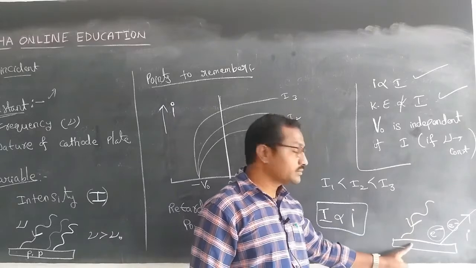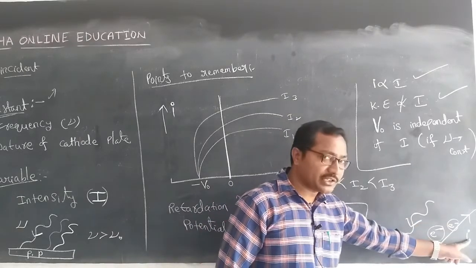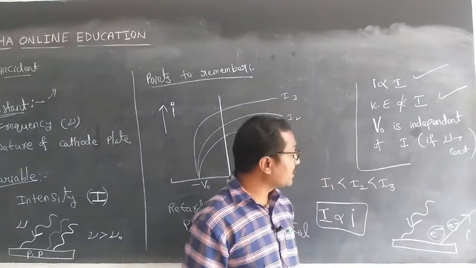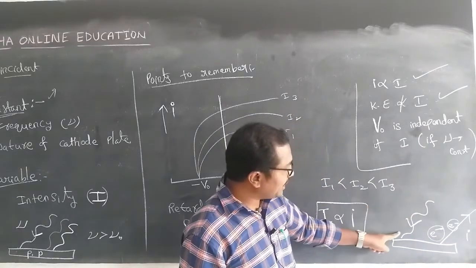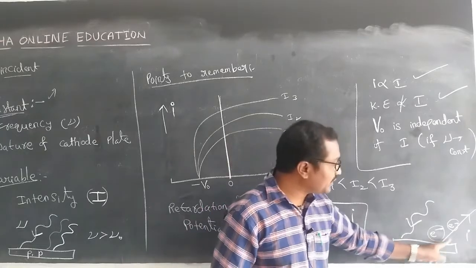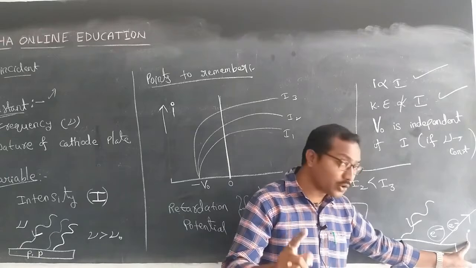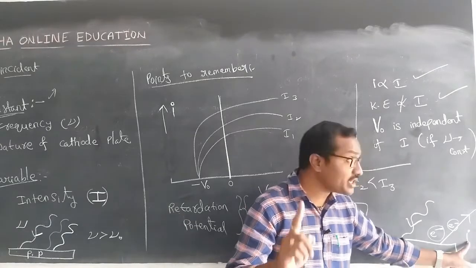Incident radiation, photoeffective plate, emission of electrons, which is treated as the current. Okay, right. Now when this intensity changes, the emission of photoelectrons, that is the photoelectric current, also changes linearly.